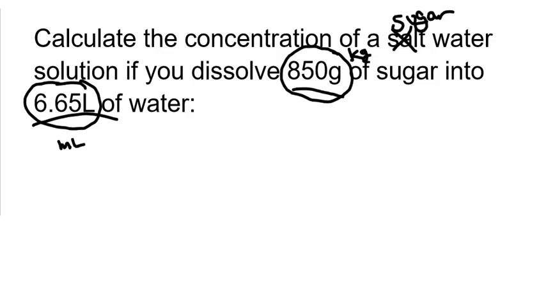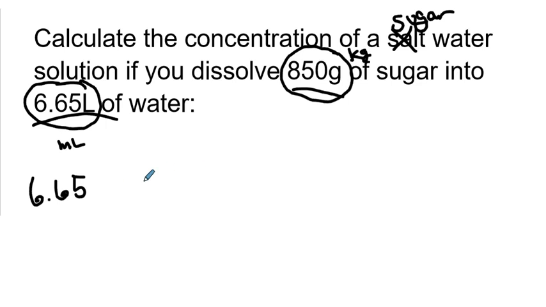I'm going to do it using one method, and then I encourage you to try it with the other and see if you get the same answer. I'm going to convert my volume in liters into milliliters. If you go back to the previous video I posted on unit conversion, I'm not going to explain that all over again here.